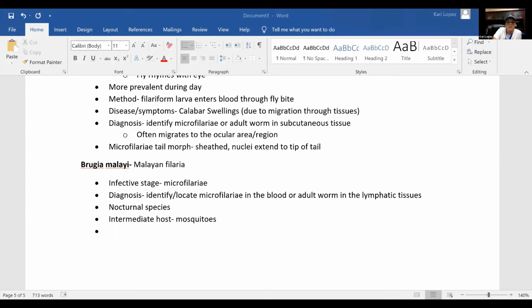Just another mosquito, but that's what it says in the book. Oh, I see Culex too. So the Culex, Aedes and Anopheles is for the Wuchereria Bancrofti, but not for this one.